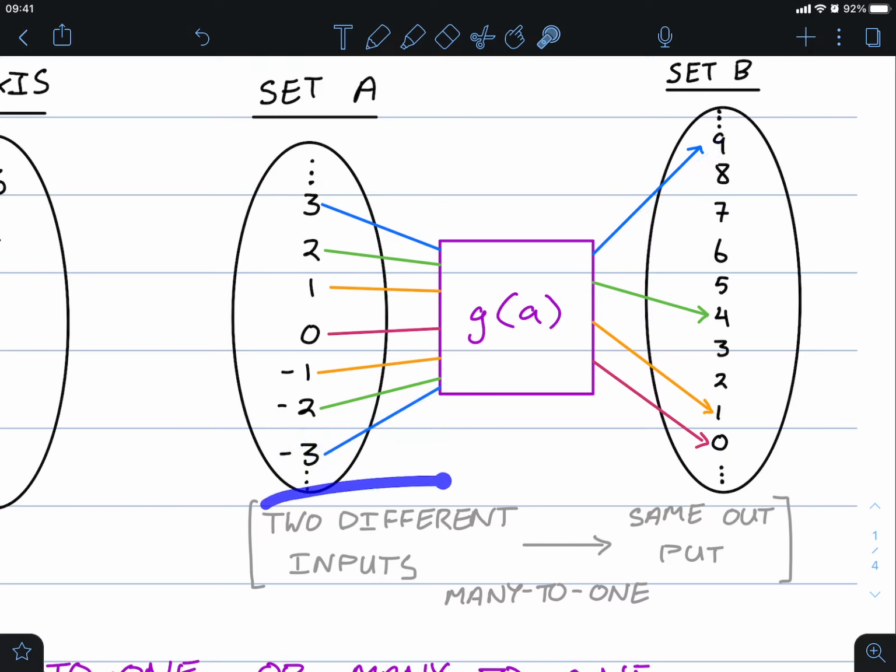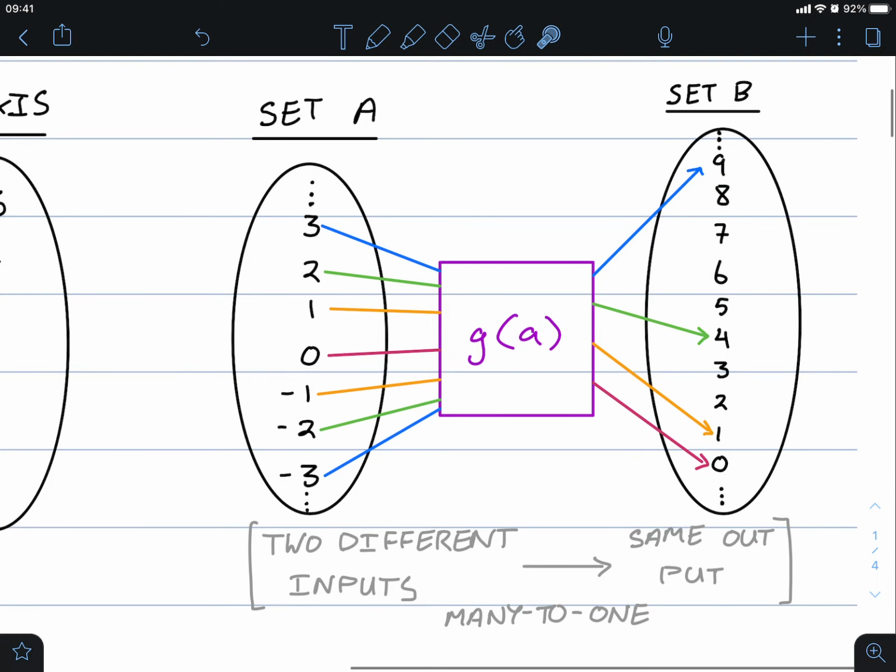Notice how even though two different inputs give the same output, this is still a many-to-one relation, because 3 only goes to one output. So it's input 1, output 1. A different input goes to the same output.